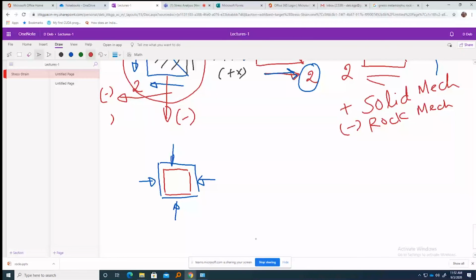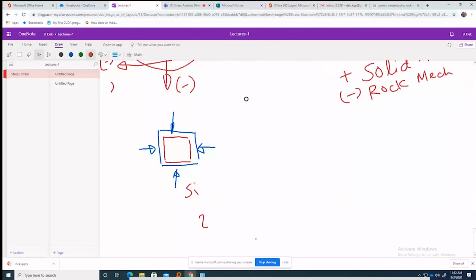So size is getting changed. Okay, so we are trying to change the size by doing this, by normal stress. So normal stress is changing the size.